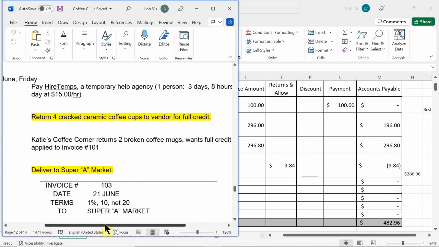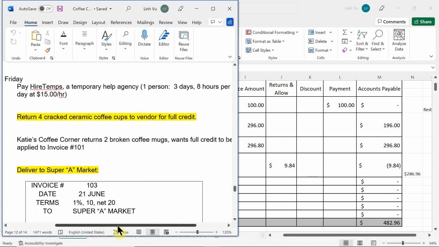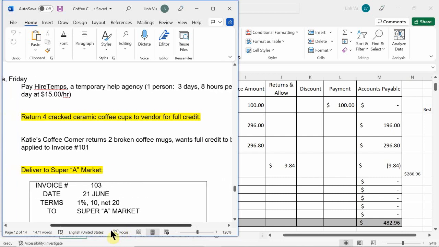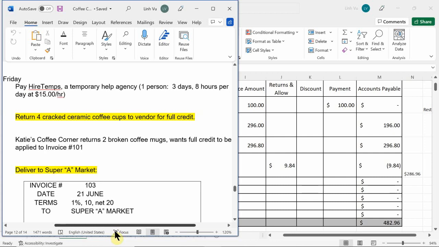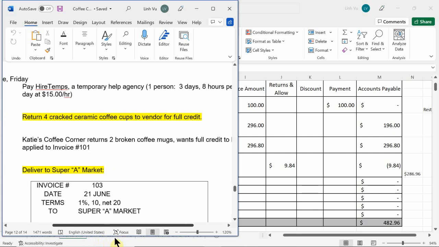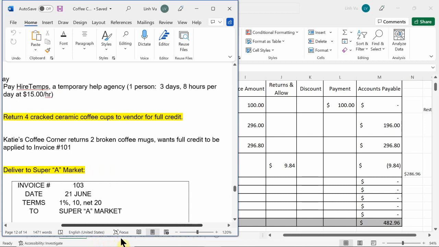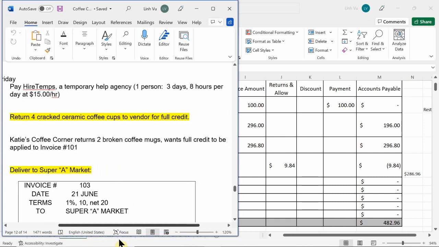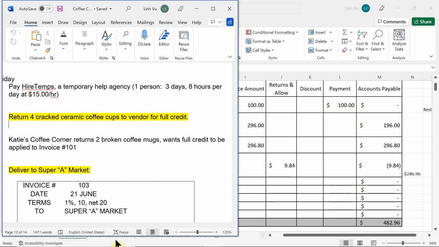Okay? So in this case, Katie is returning 2 of those broken coffee mugs back to us, and she wants a full refund applied to her invoice number 101 instead of getting money back. So in this case, how are we going to issue this person their refund?